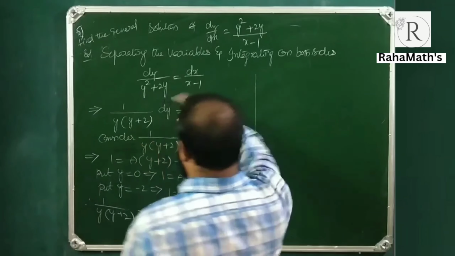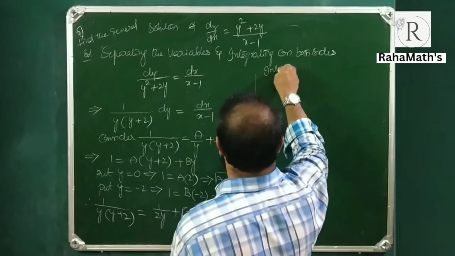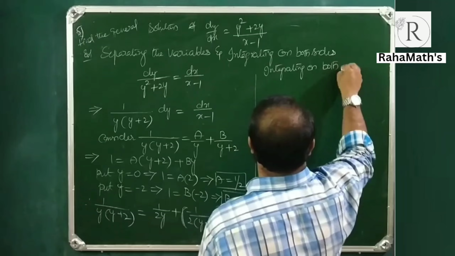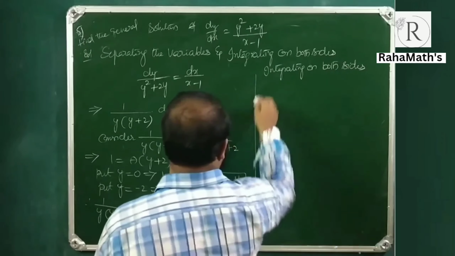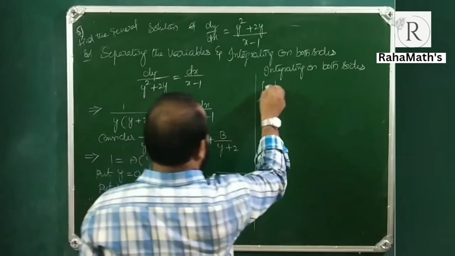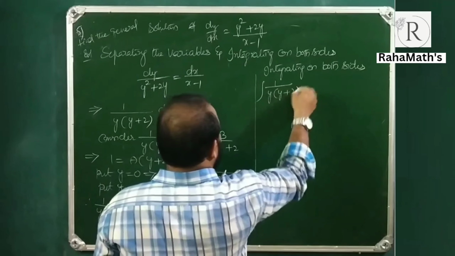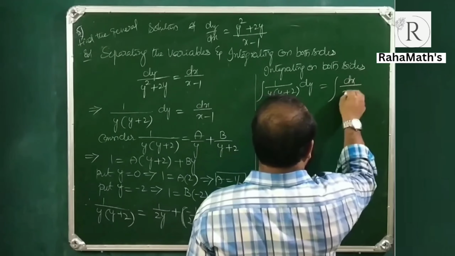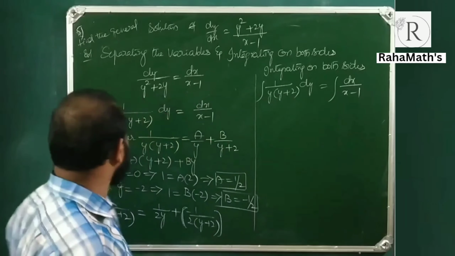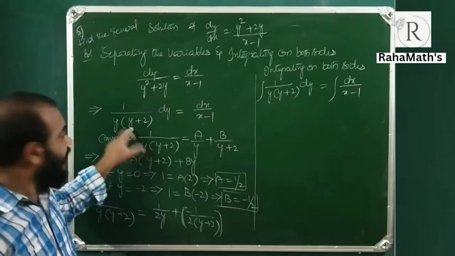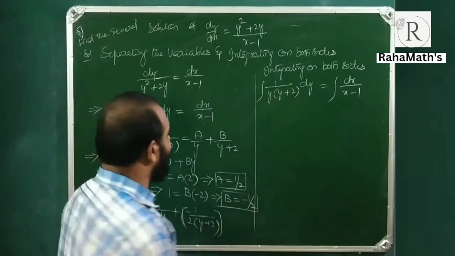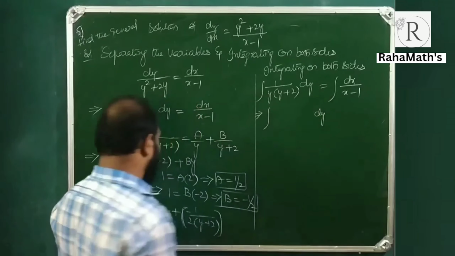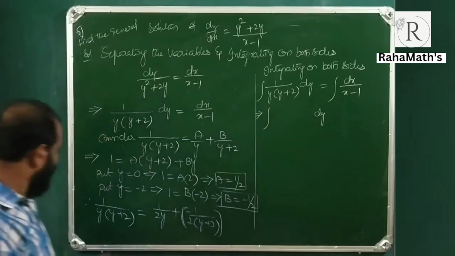Now integrating on both sides, the integral of dy by y(y + 2) is equal to the integral of dx by (x − 1). For this, I have applied integration on both sides. So the integral of dy, 1 by y(y + 2), is equal to how much?